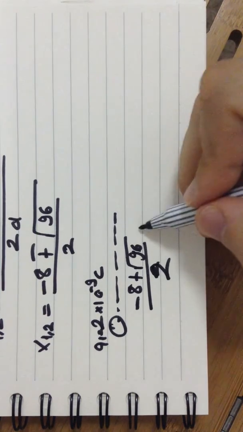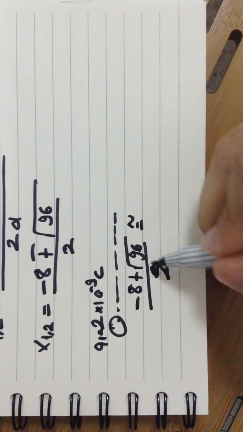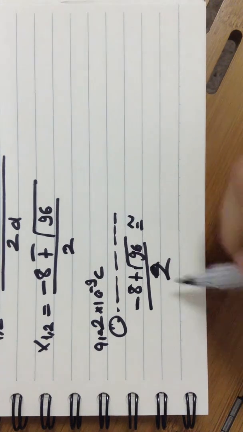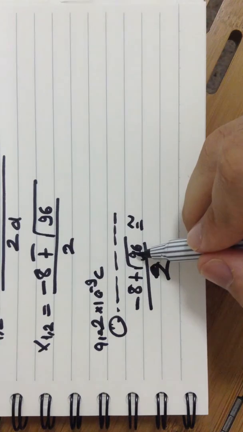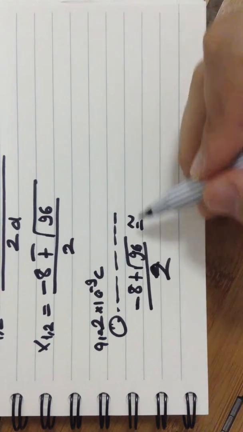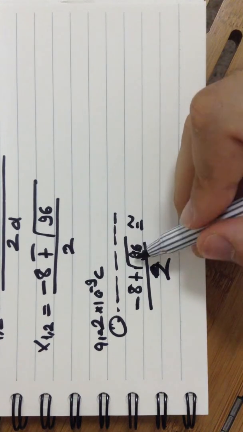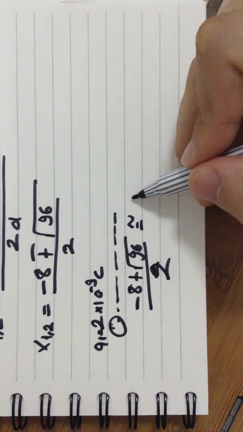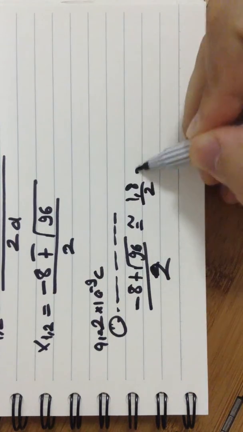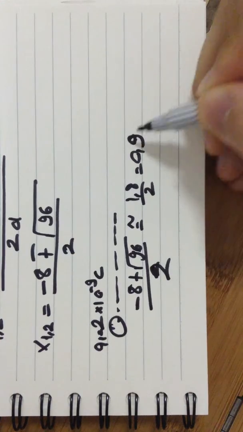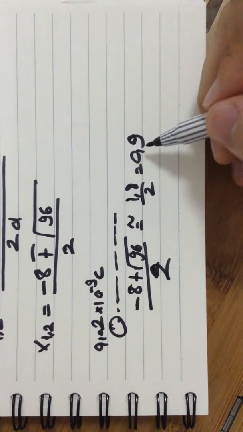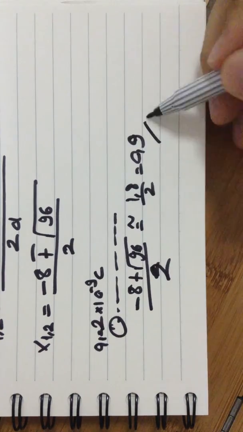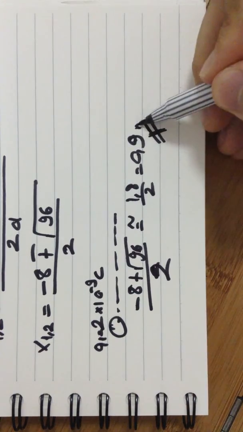If I use an approximate value, the square root of 96 could be about 10, so minus 8 plus 10, which makes around 9.8 something, and 1.8 over 2 makes 0.9. And when you look at this one, it's closer to the first charge, and our solution is also consistent.